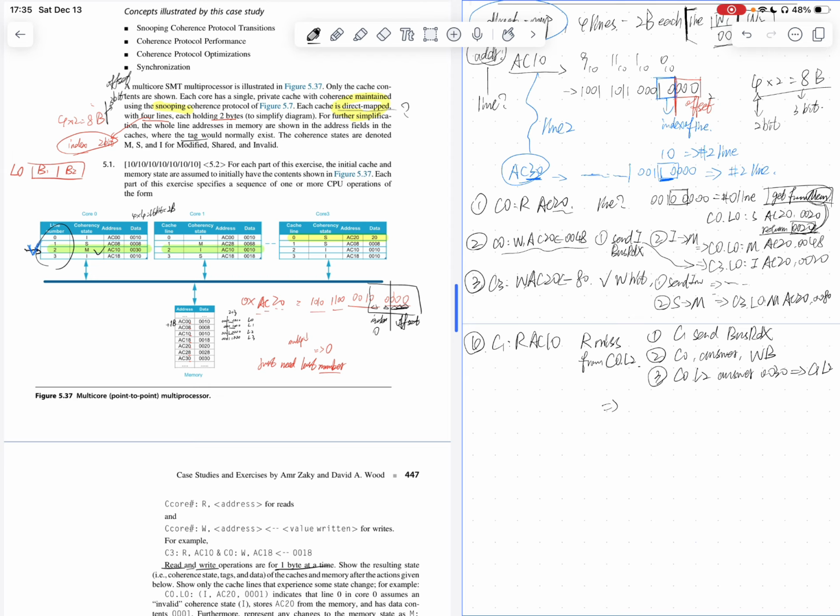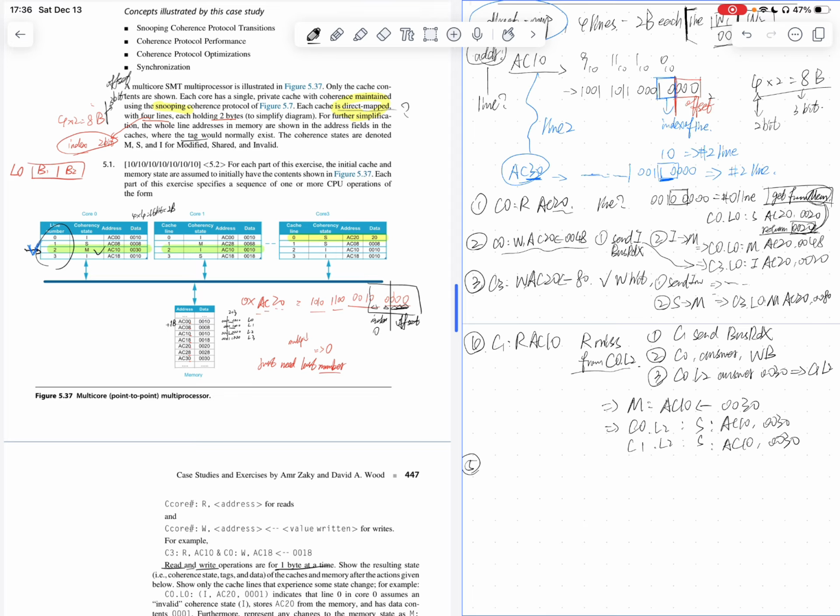So who was changing? Firstly, the memory has been changed. Our AC10 has a new value, that is 0030, and then C0 and C1 line 2 are both in a shared state with the same address, with the same data. That is how C1 updated; C0 updated the data as a modified state.